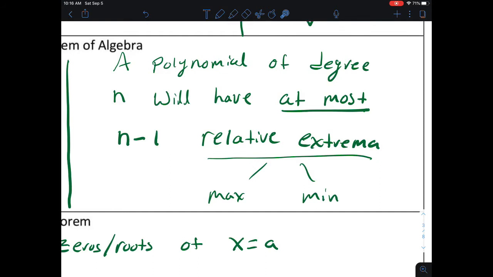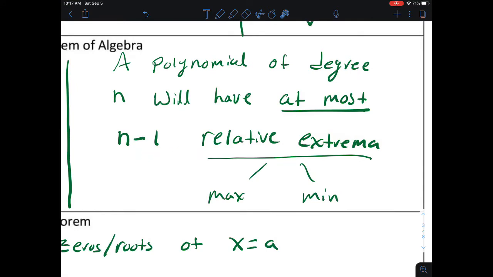So if I had a polynomial that is degree 3, this polynomial can have no more than 2 maxes or mins. If I had a polynomial of degree 4, it can have at most 3, so 1 less than that exponent's relative extrema.